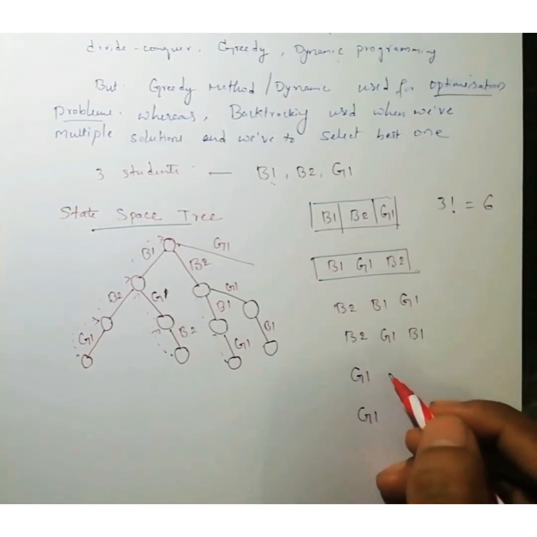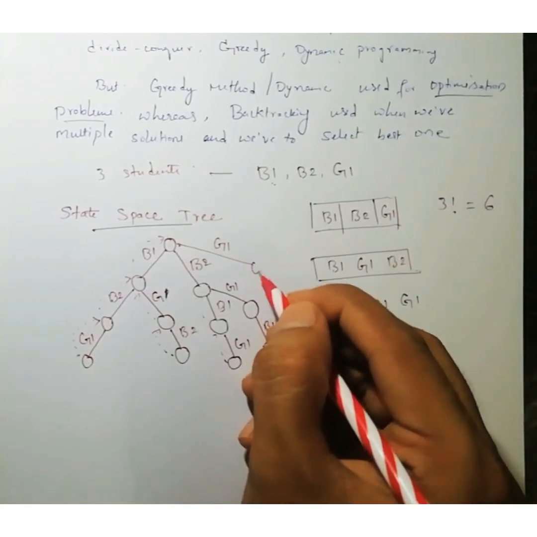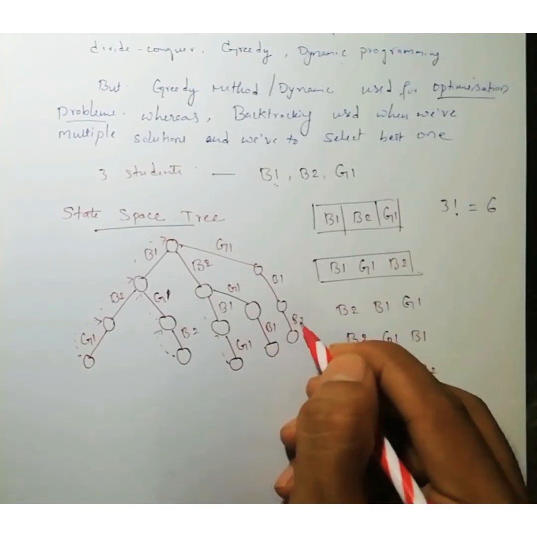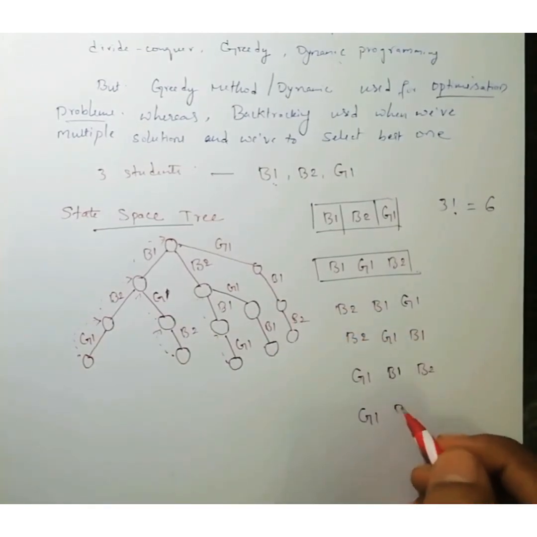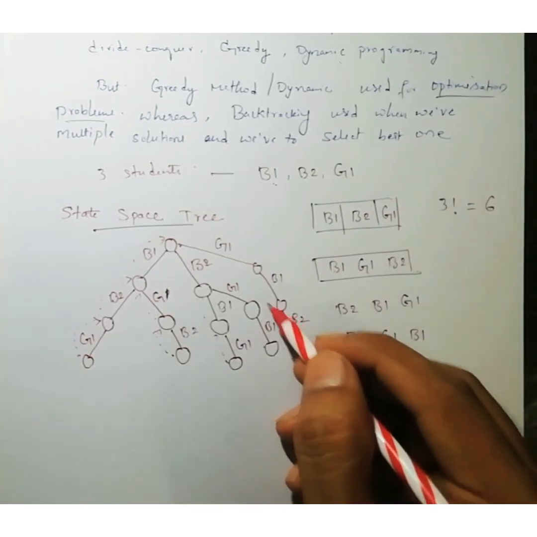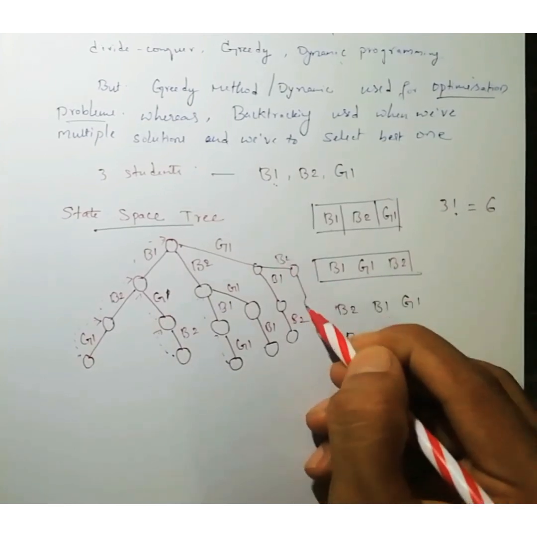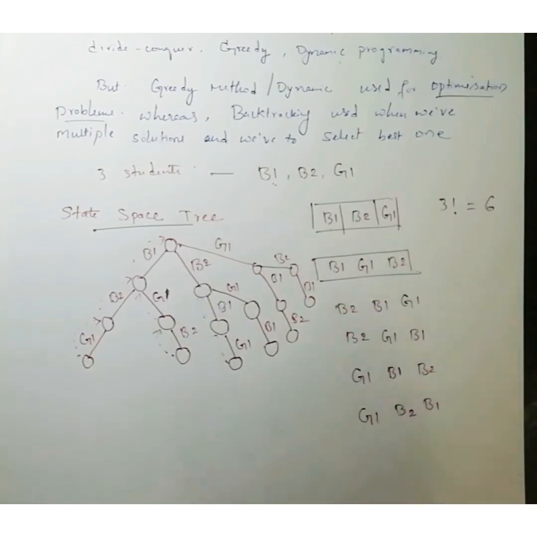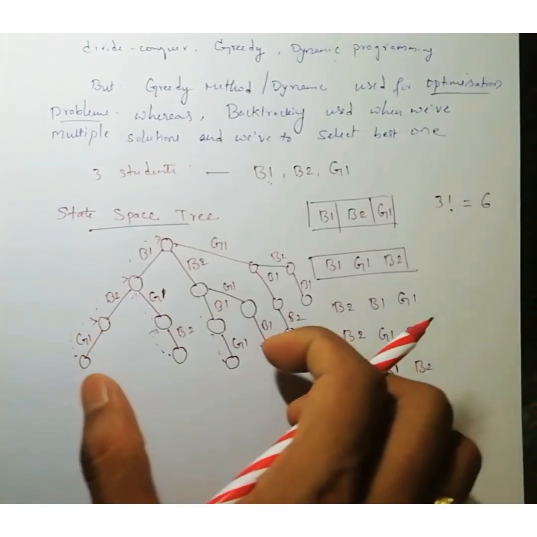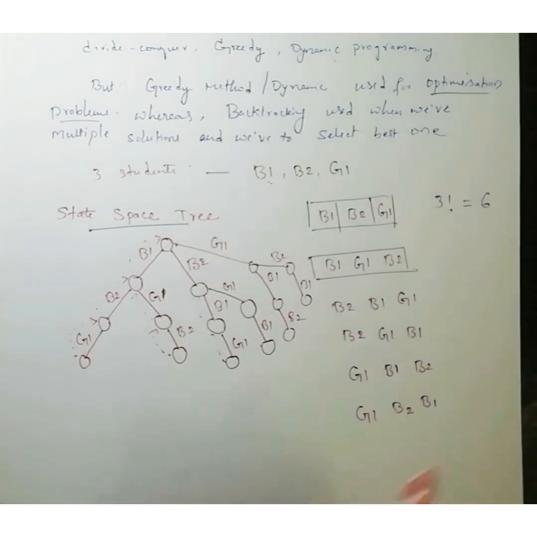In the second bench, first B1 then B2. Next, first B2, after that B1, that means backtrack, so here B2 and last B1. So these are the 6 possible ways of writing our state space tree by using the backtracking method.